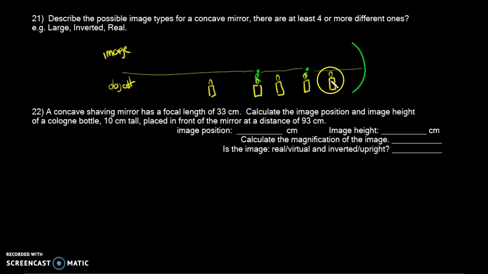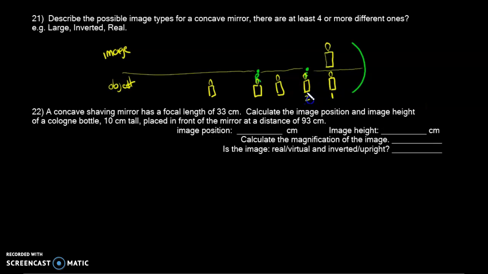So when I'm here at point 1, my object is going to hit the mirror, and all these points are going to reflect at their angles towards the focal point, and I'm going to end up with an upright image that looks larger than the original one, and it would actually be behind the mirror if we were drawing the lines.